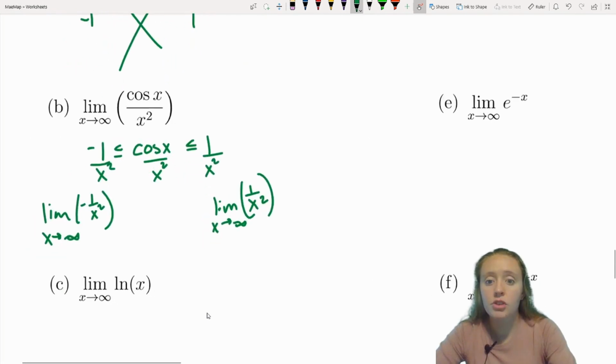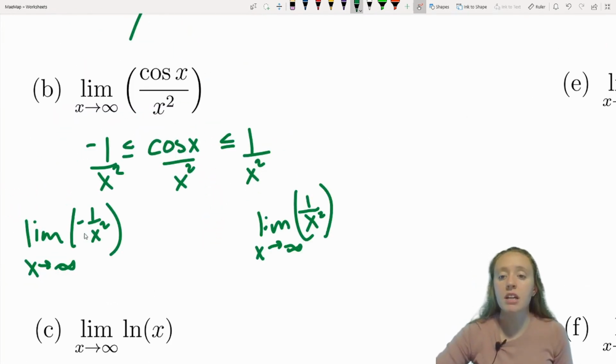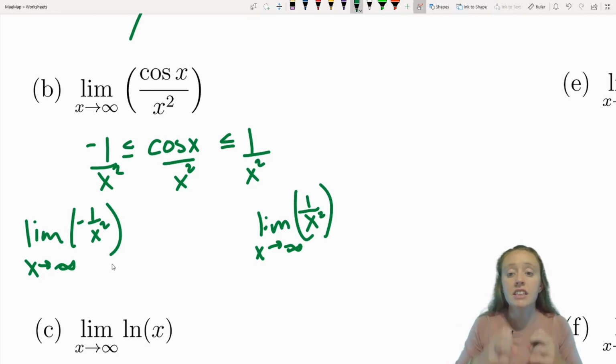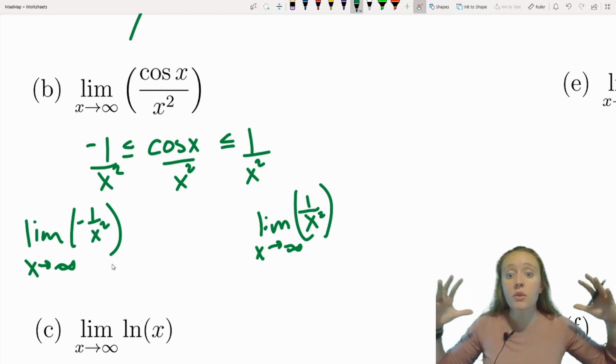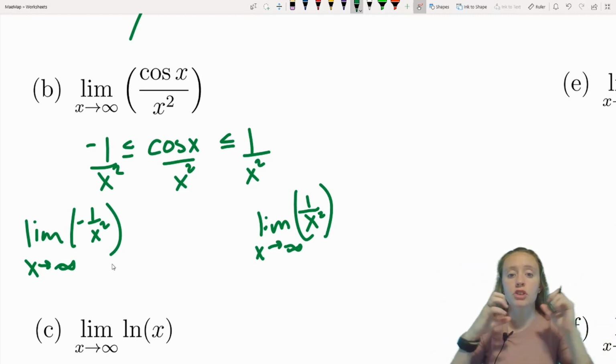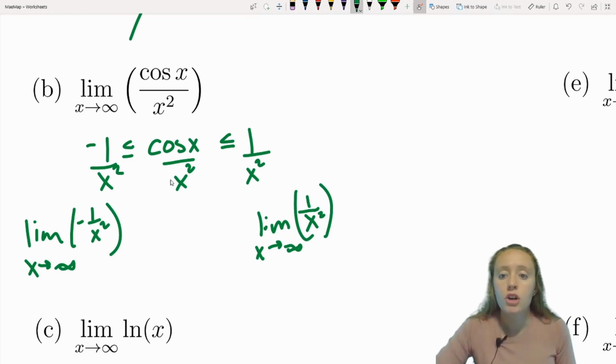And let's go ahead and zoom in on this. If I'm taking the limit of -1 over x squared as x goes towards infinity, that denominator is getting larger and larger and larger. So regardless of the sign, I know that my overall fraction is going towards 0. So this limit is equal to 0, as well as this other limit.